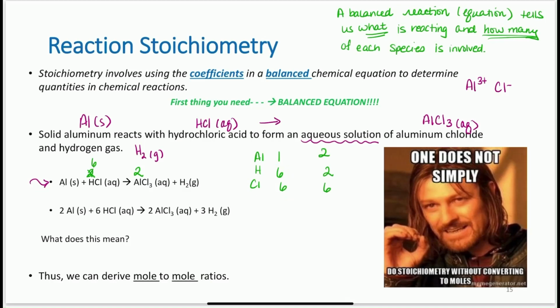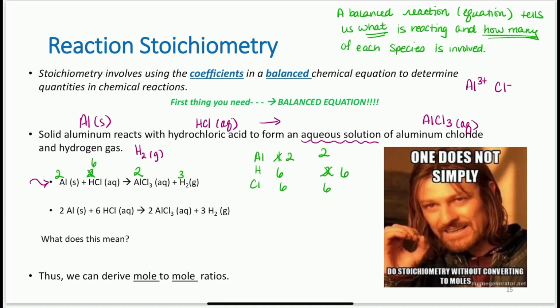So next I need to rebalance my hydrogens. I'm going to put a 3 in front of there. Now my hydrogens are balanced. Now all I need to do is balance out my aluminums. I'm going to multiply it by 2. And since it's just aluminum there, it doesn't affect anything else. That's how we get the 2, 6, 2, 3 ratio we have going on here.